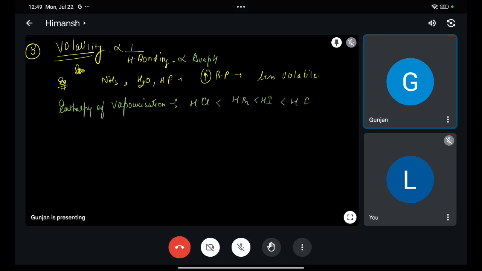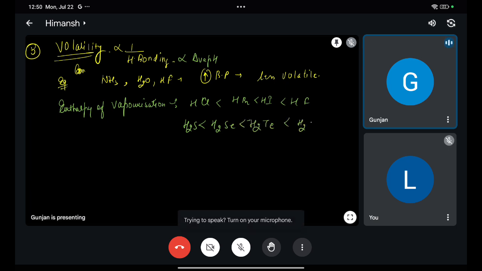Their masses are also varying, so that is why we observe this unusual trend.